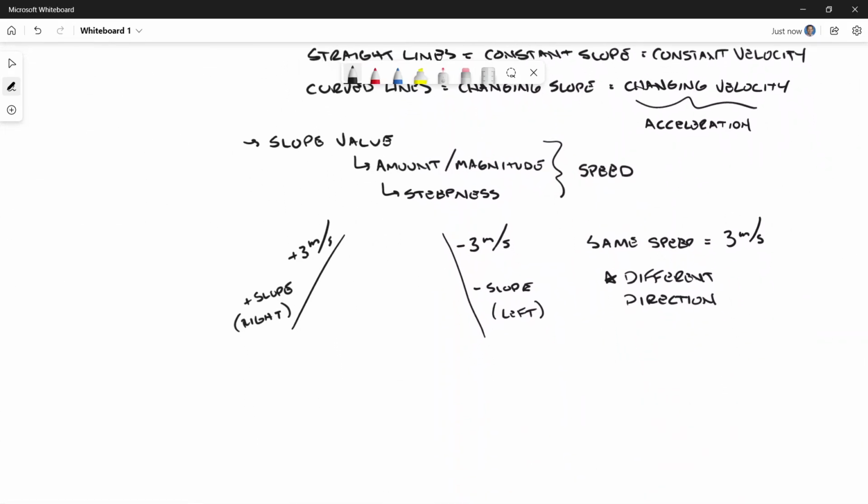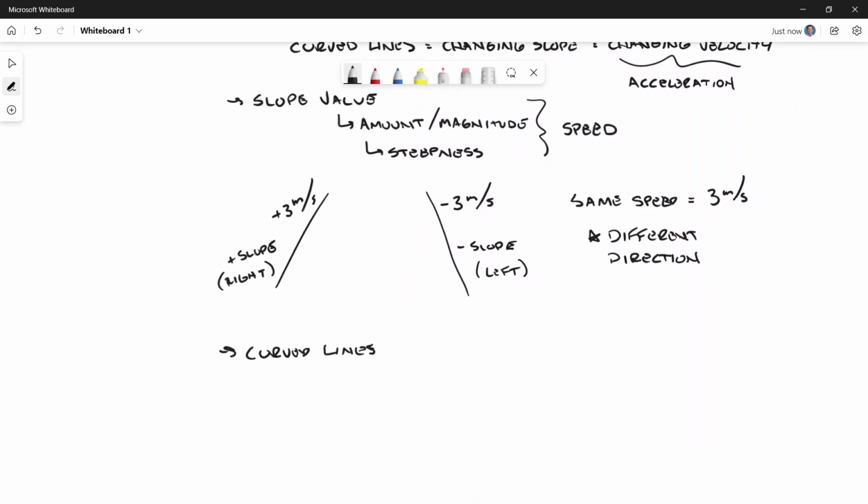Let's look at what happens when we get curved slopes, or curved lines. Again, we have changing slopes, which means we are changing our velocity. Let's look at an object that might have a curve that looks like this. This object does not have a constant slope.